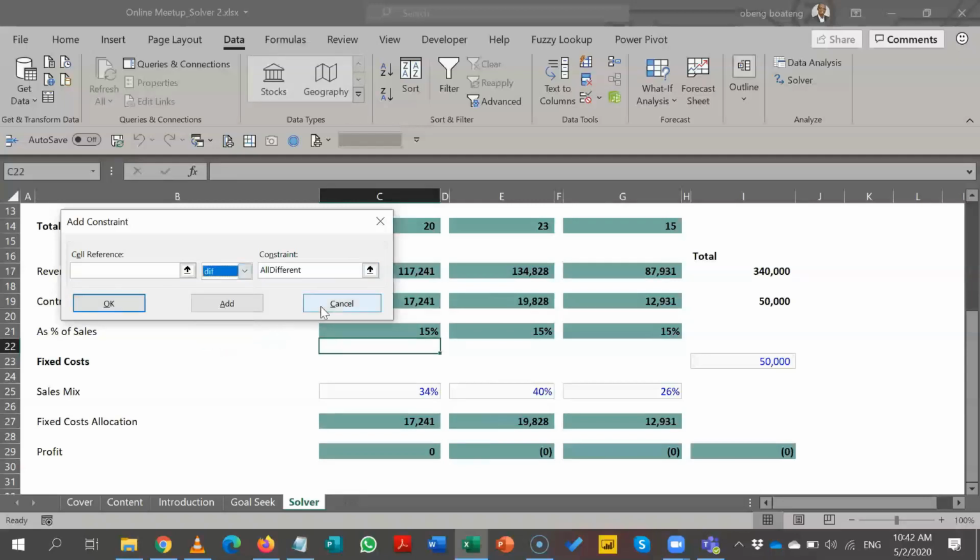So in this case, if we had put a binary there, we got a 0. Can you just elaborate on the binary 0 or 1 a little? The binary 0 and 1 means that it is limiting the answers to only 0 and 1. It cannot be any other number apart from 0 and 1.